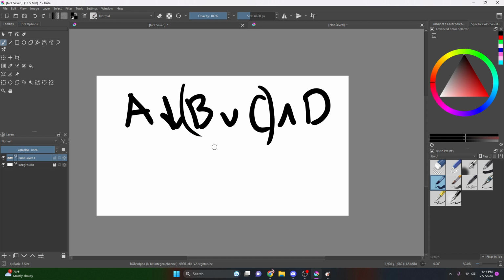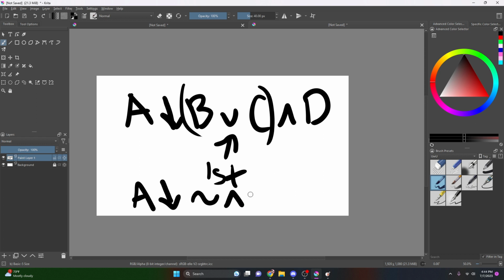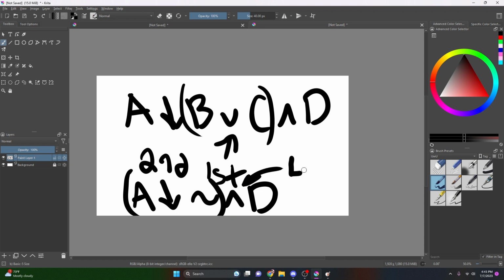So you would evaluate this one first, and then it'll be like this, or whatever this one is. Then you would evaluate this one first, or this one second, and then the AND operator last. But that looks like a jumbled mess, but I guess you get the point.